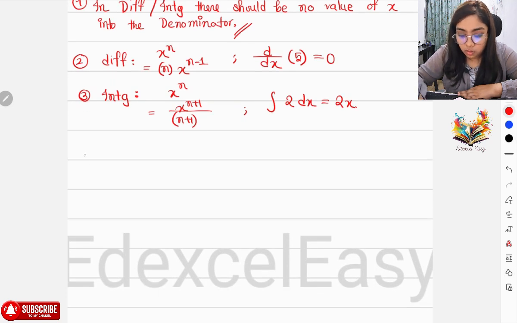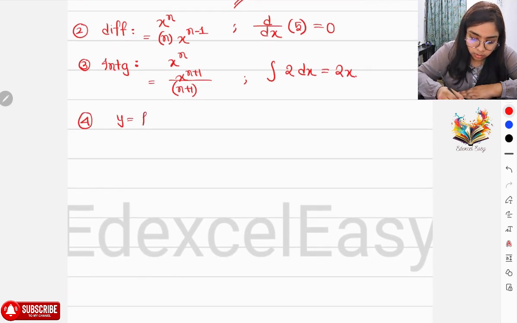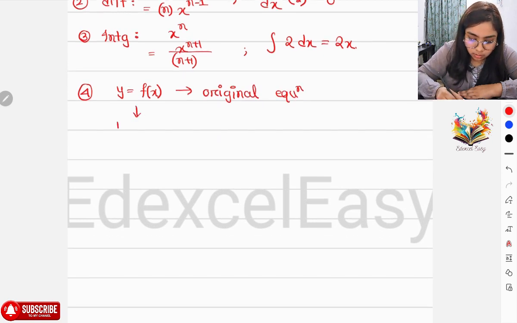Okay, now with your main part. For the fourth part, always remember that if y equals f(x) is your original equation, then your dy by dx, which is your differentiated equation, will be written as f prime x.